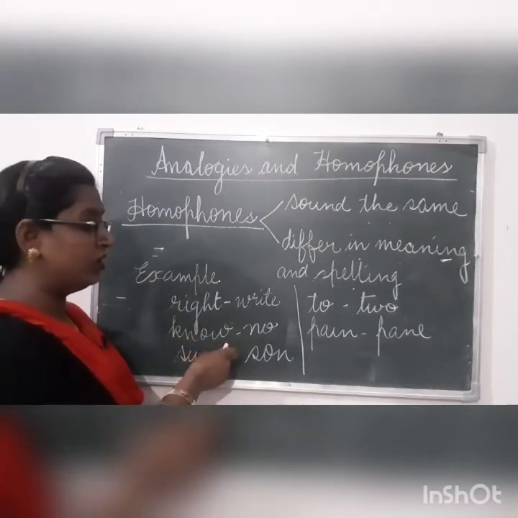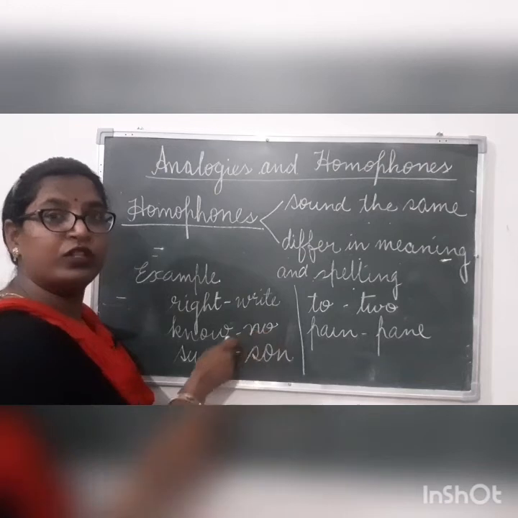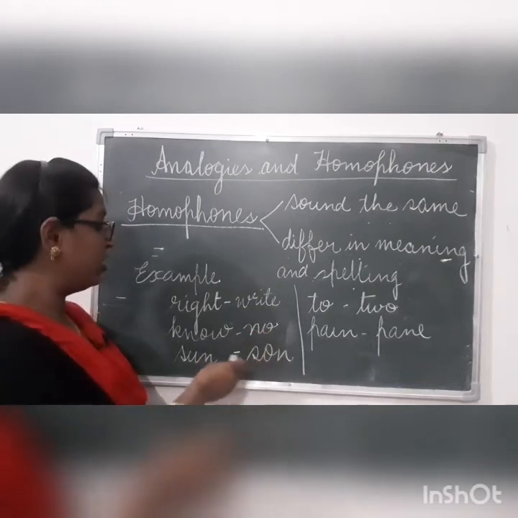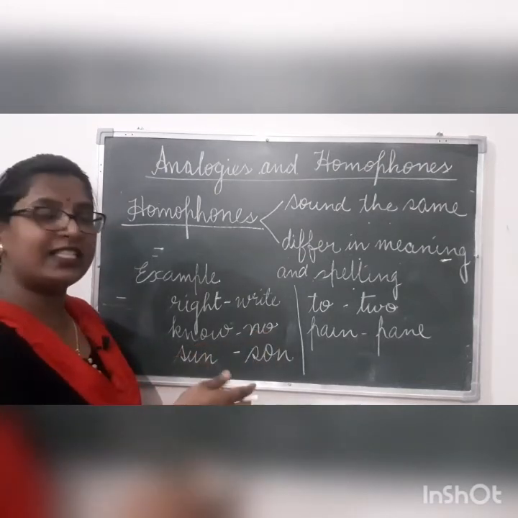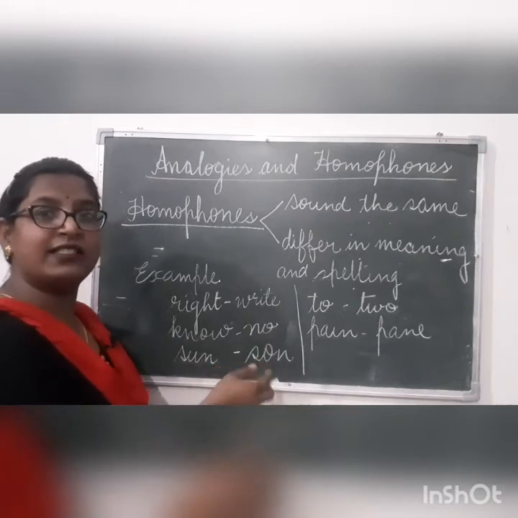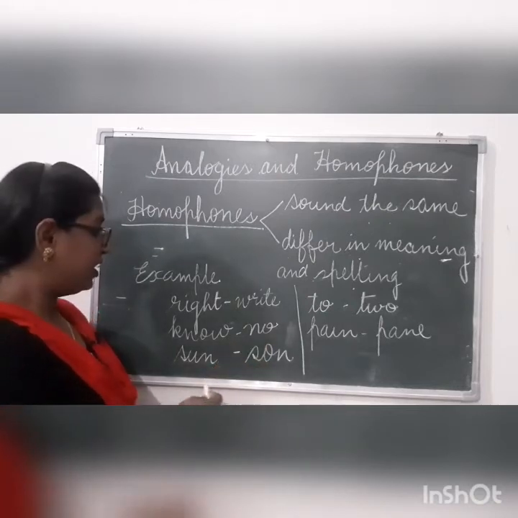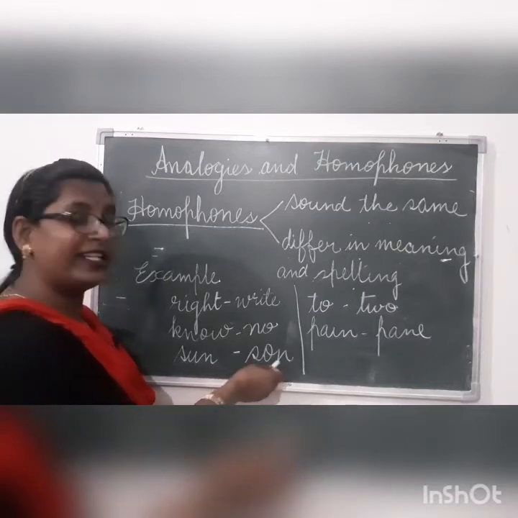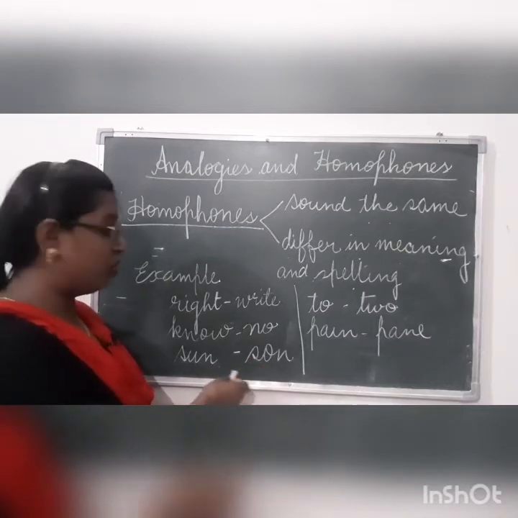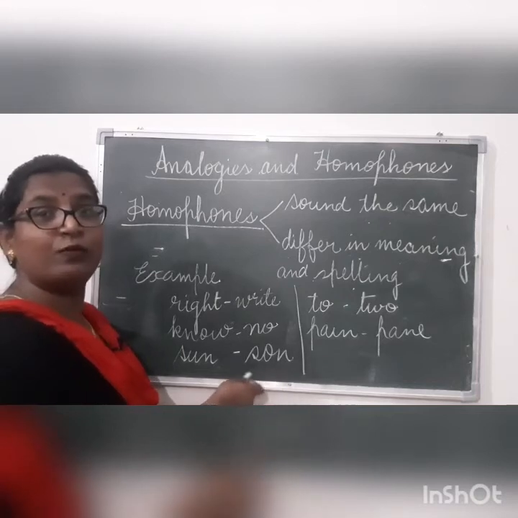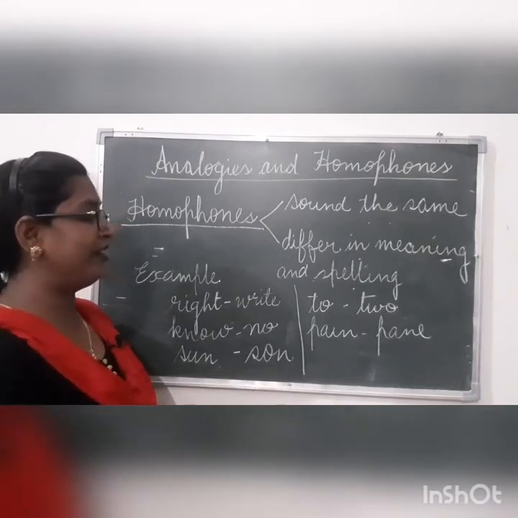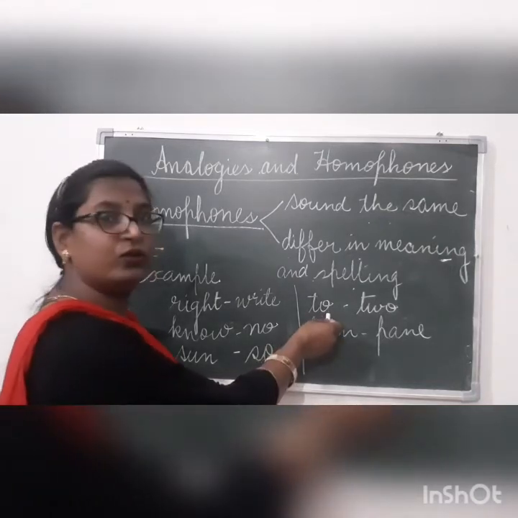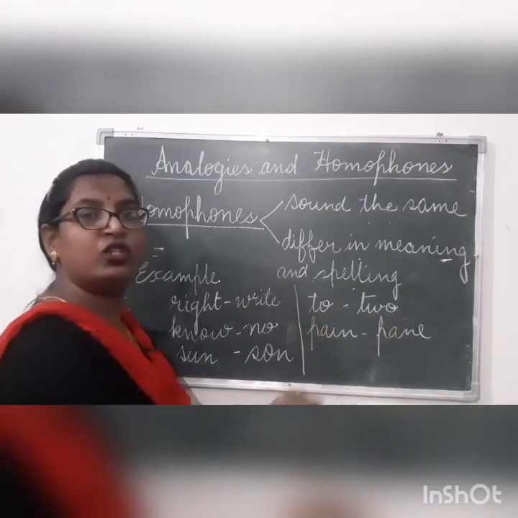K-N-O-W, know, and N-O, no. Both the words have the same sound, but know means knowing something, and no means denying something. S-U-N, sun, which gives us light. S-O-N, son. Both the words have the same sound, but their meanings are different. T-O, T-W-O, two.